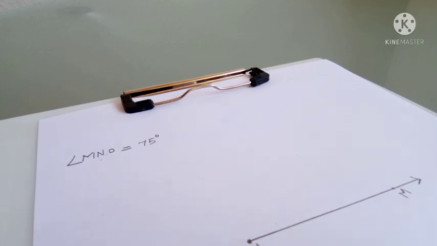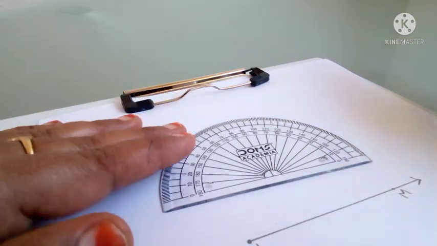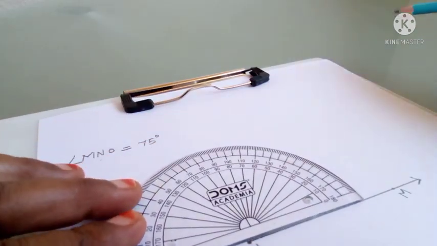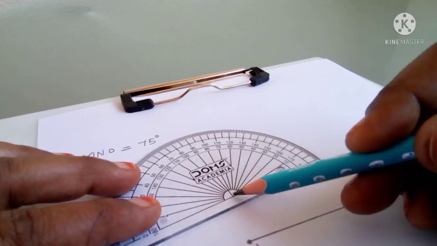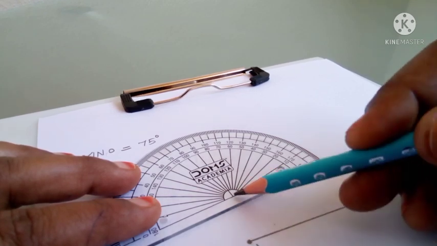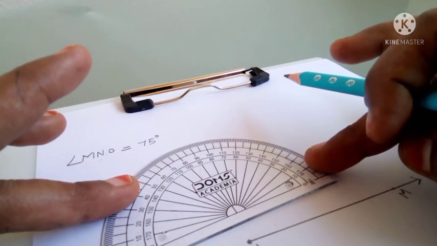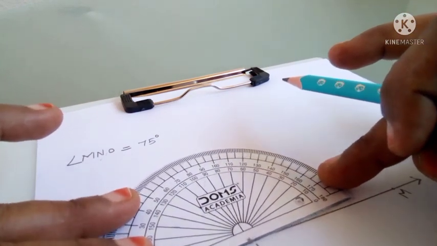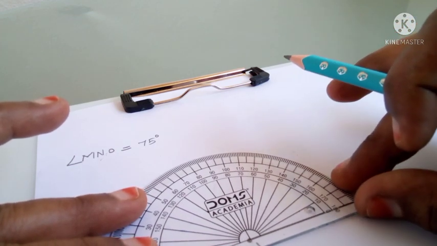Now we have to keep the protractor on the line. Very important. The center point should be kept on this starting point. Keep it, and the baseline should be on the line which we have drawn.